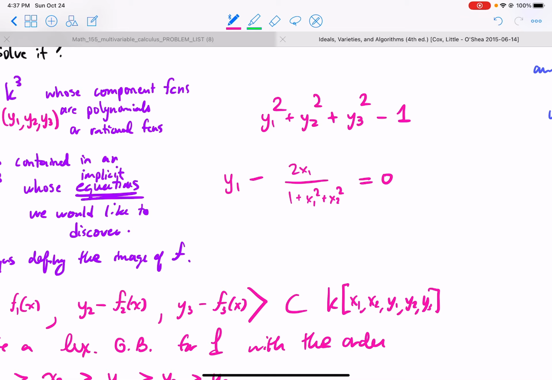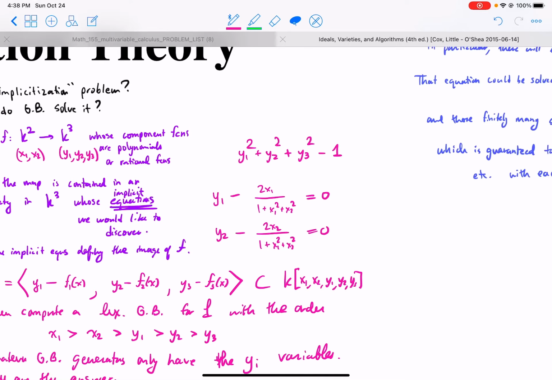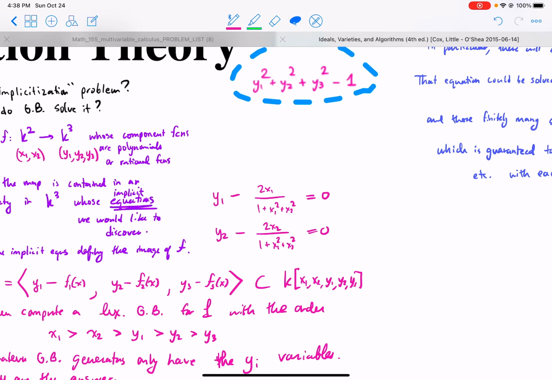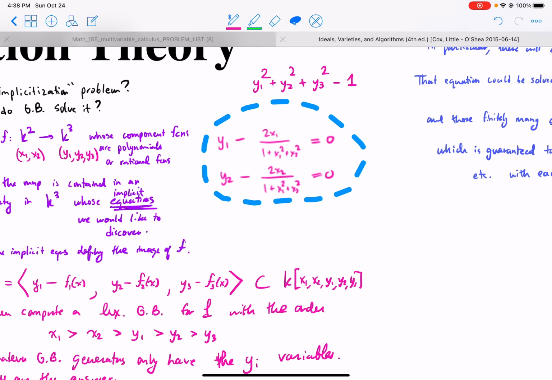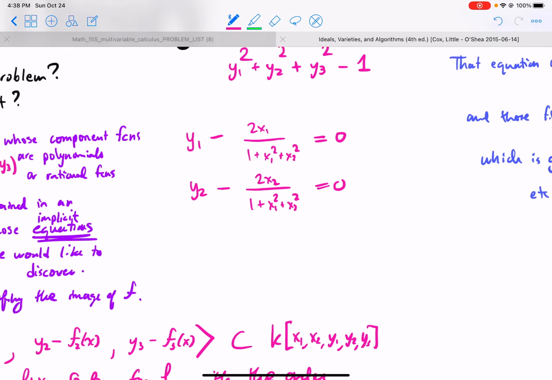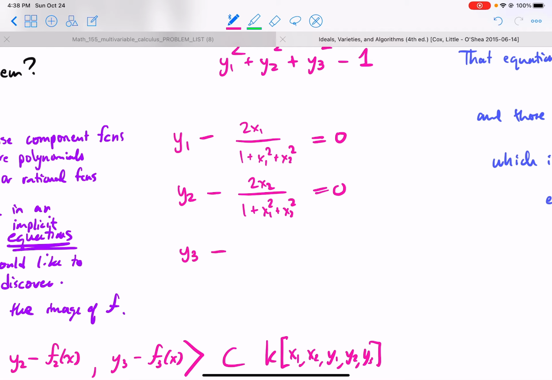And then the next equation would be y2 minus 2x2 over 1 plus x1 squared plus x2 squared equals 0. And then another equation. We pretend we don't know this one; we want to discover that. So the last equation is our last component function, y3 minus (1 minus x1 squared minus x2 squared) over 1 plus x1 squared plus x2 squared equals 0.